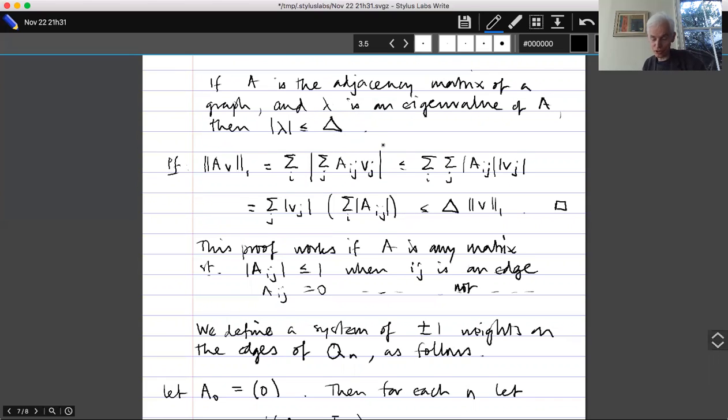So what we're actually going to try to do is take our induced subgraph, look at the restriction of this funny matrix that we've constructed to that subgraph, and prove that we've got an eigenvalue of at least, or exactly, square root of n in that subgraph. And that will give us that the maximum degree is at least the square root of n, as desired.